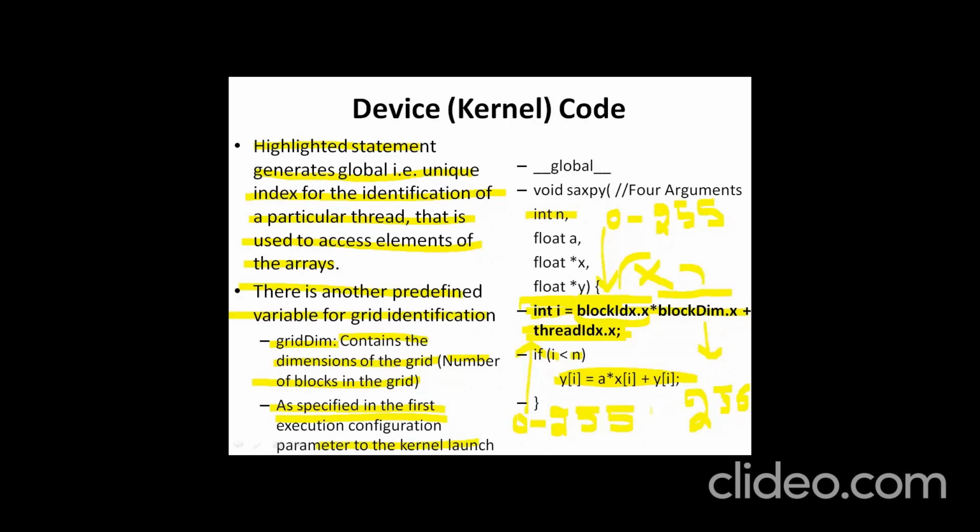For example, our GPU, let's say, supports a maximum of 1024 blocks, and in every block it supports, again, 1024 threads. So it has the capability to launch 1024 multiplied by 1024 threads in one grid. Does this grid occupy all the resources of the GPU? Yes, it will occupy all the resources.